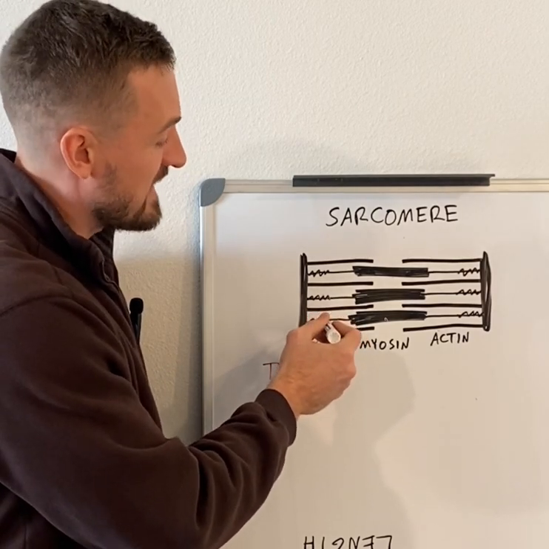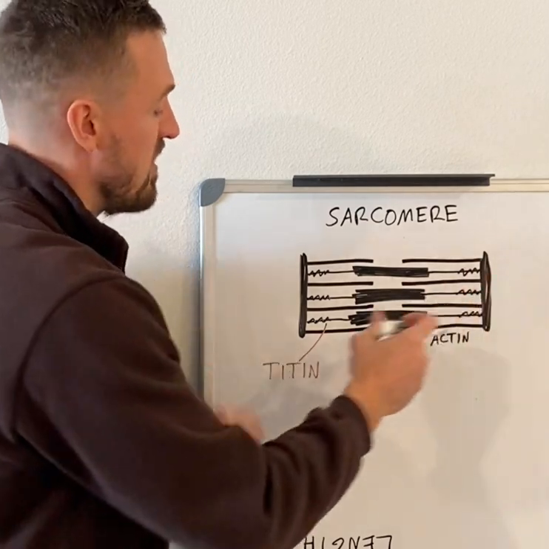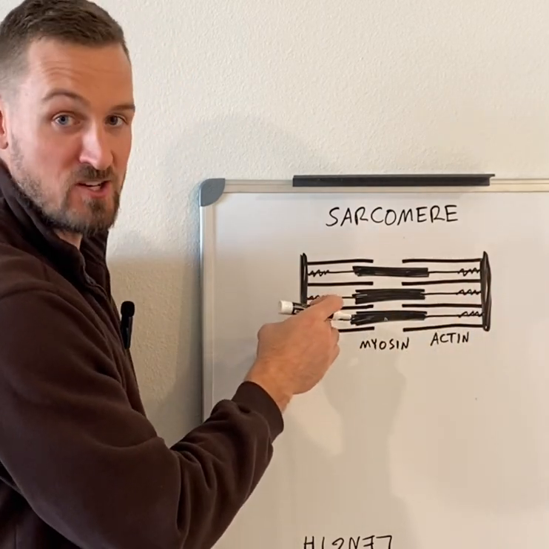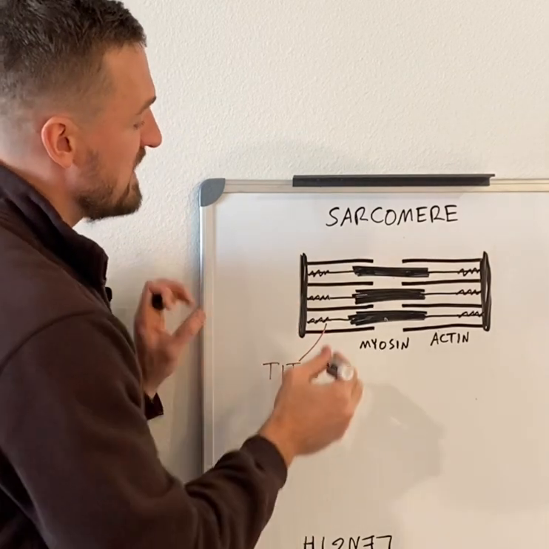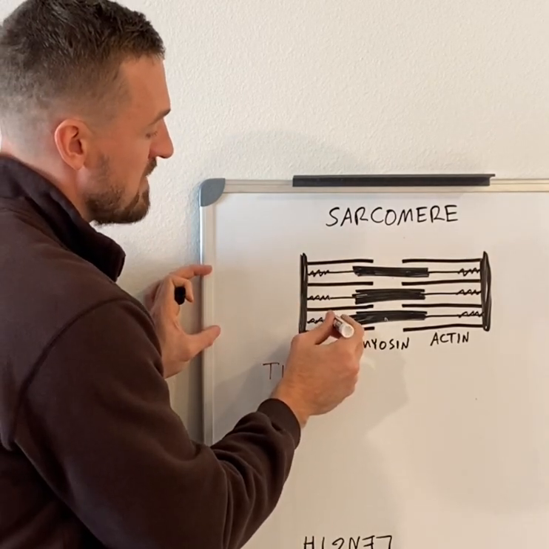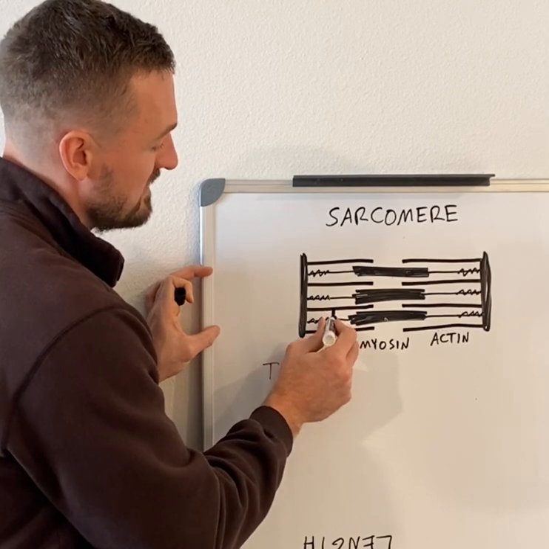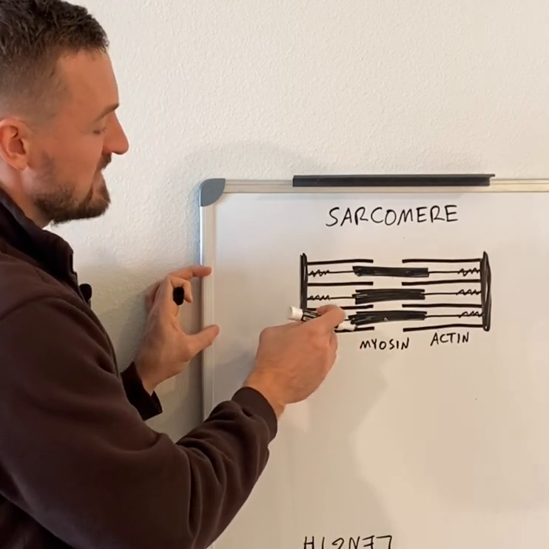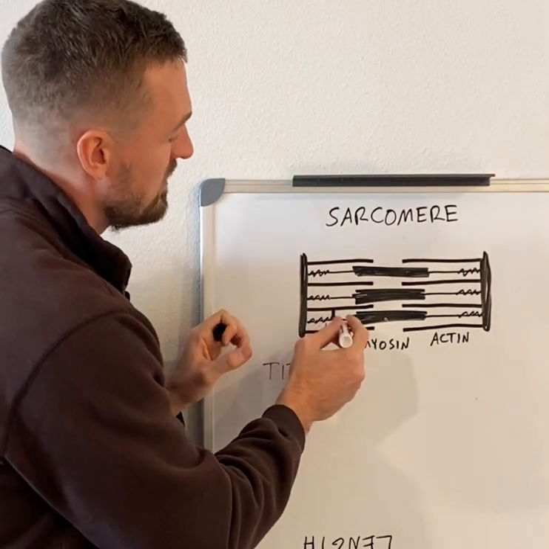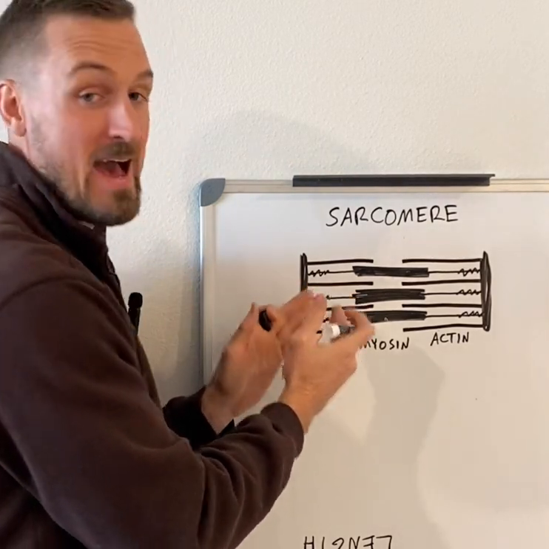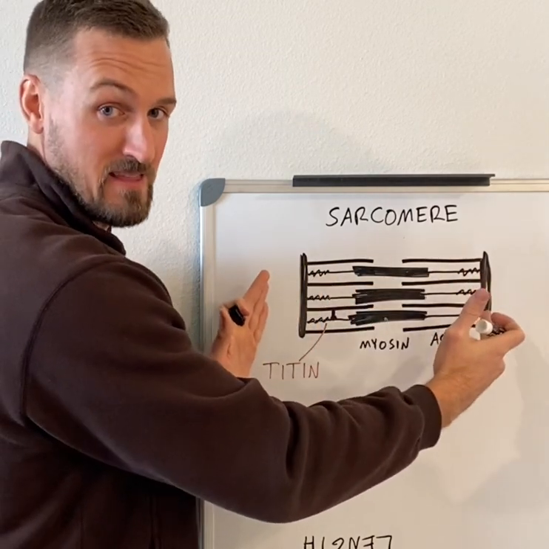And so if there's slack in it, then again, you're gonna have to stretch out the sarcomere pretty far in order to get tension out of the titin, that passive tension. But imagine if a point on the titin molecule here just bound to actin, that kind of just takes that slack out of the equation. And so now you can start to get passive tension much sooner as the sarcomere is lengthening.